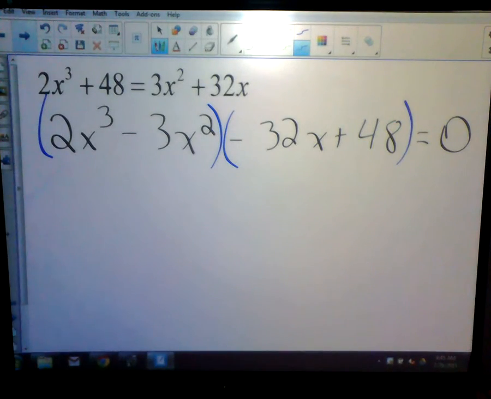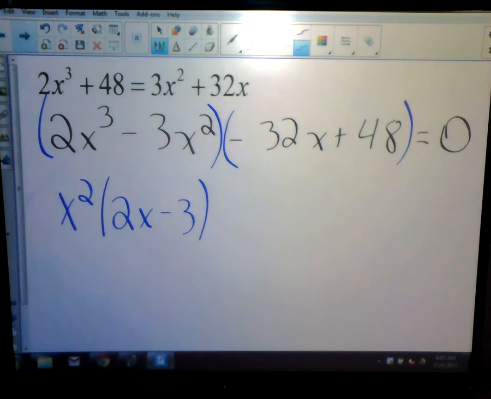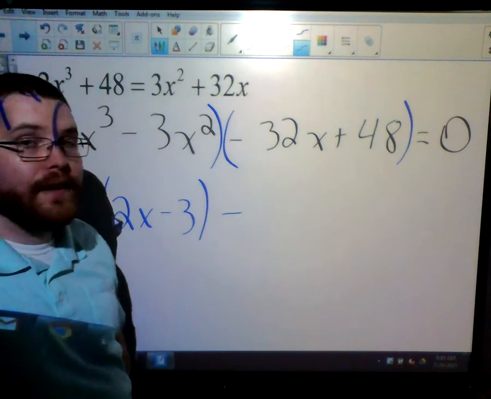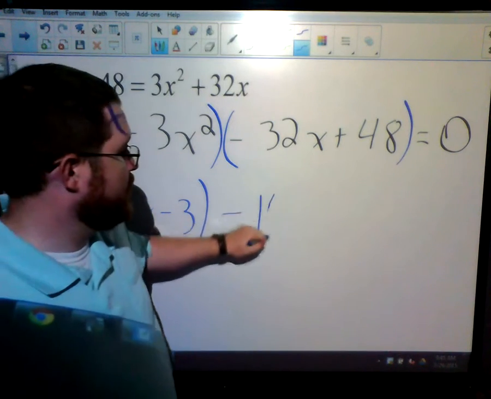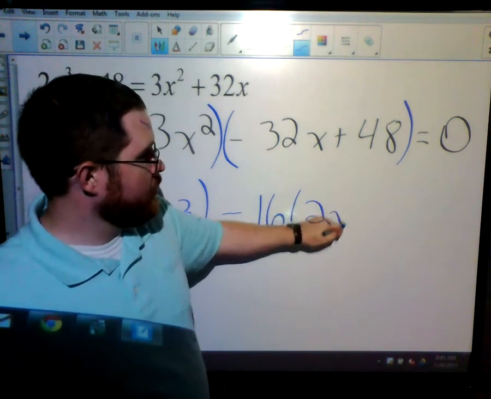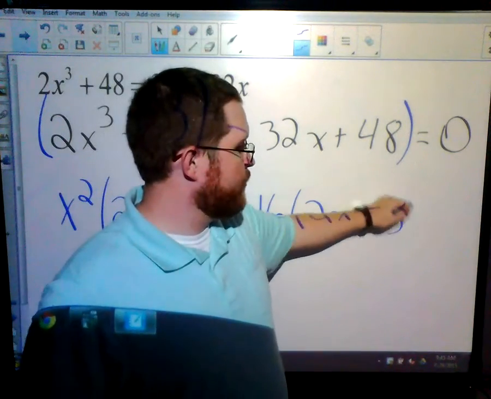What does the first two have in common? An x squared. That leaves me 2x minus 3. Be careful here. What number will divide both of those? And I know it's going to be negative. 16 will. Divide negative 32 by negative 16, you get 2x. Divide 48 by negative 16, you get negative 3.